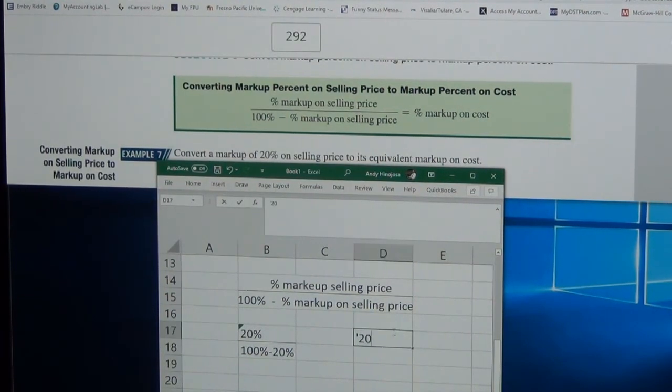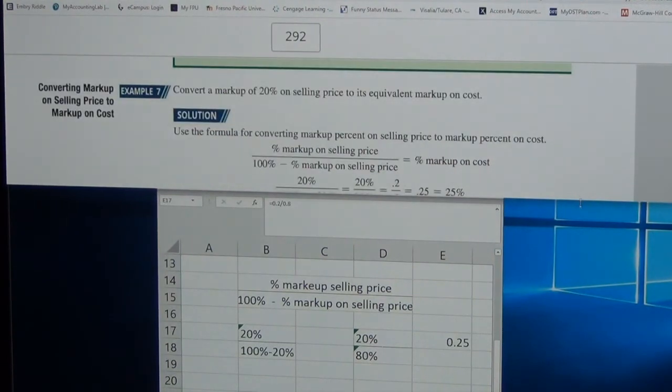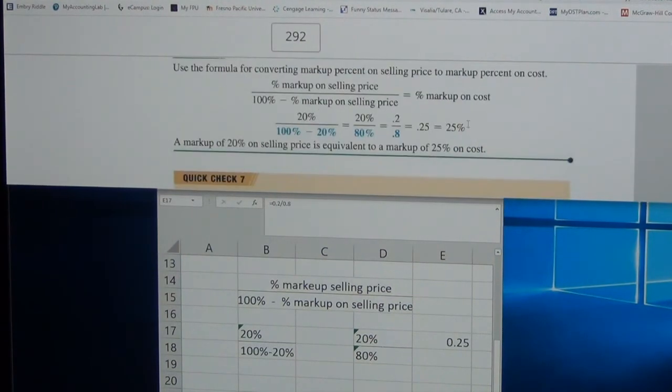So then what we have is 20% divided by 80%. 0.2 divided by 0.8, so the result is 0.25 or 25%. And there's the solution there.